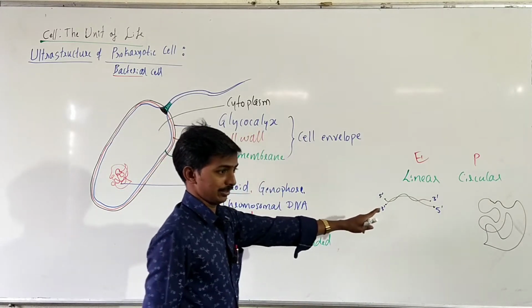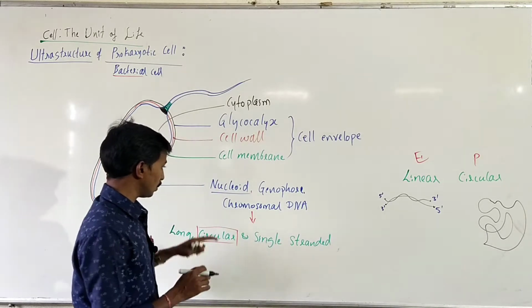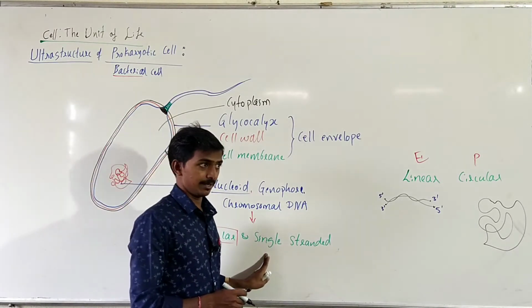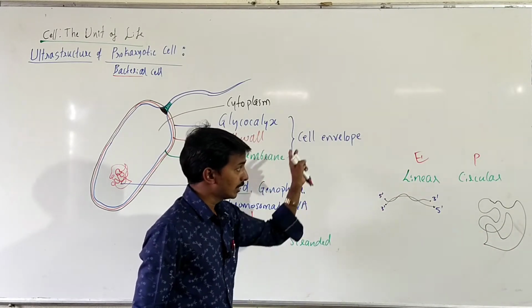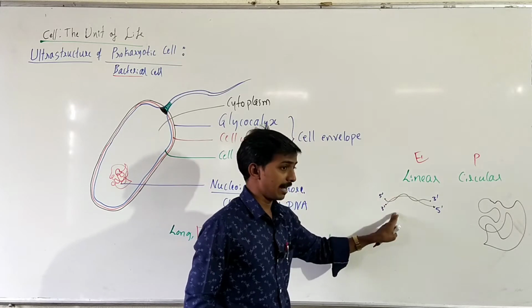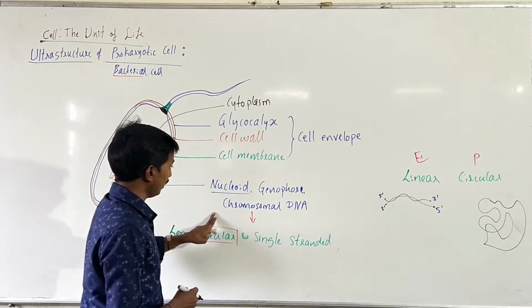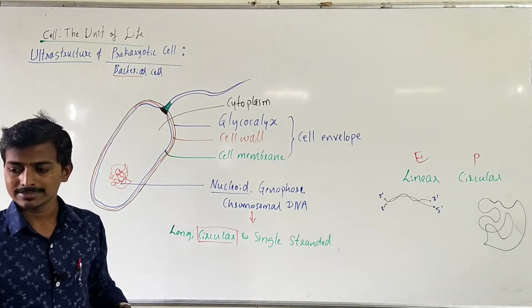Remember this major point in the study of the cell chapter. So the nucleoid has long, circular, single stranded DNA, meaning only one strand is there. In eukaryotes, it is double stranded. It is one of the major things present in our bacterial cell.